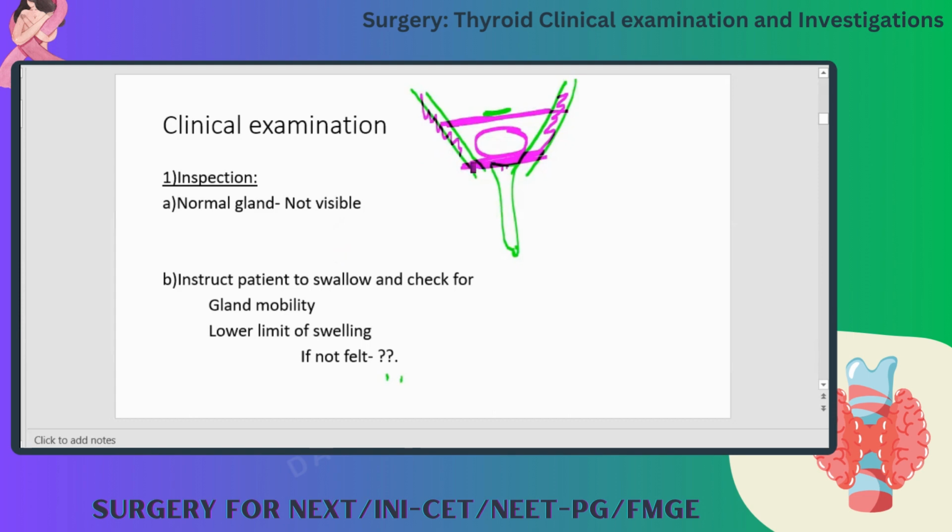Yes, sir. So if the lower limit is not palpable, the gland is going downwards, which means it has a retrosternal goiter, a retrosternal extension. Clear? Very important. In a clinical examination, they will give you a 45-year-old female who comes to the OPD, and you are not able to feel the lower limit of the gland.